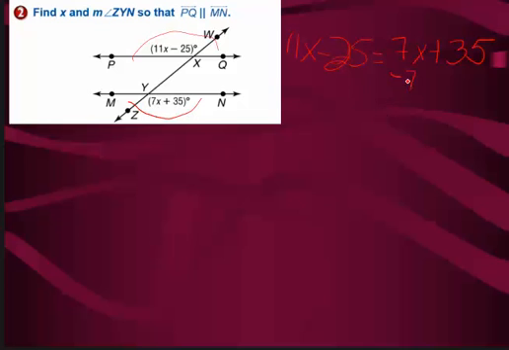Now I'm going to just do the algebra, get my x's on the same side here. Let's cancel. Then I put my numbers on the same side.